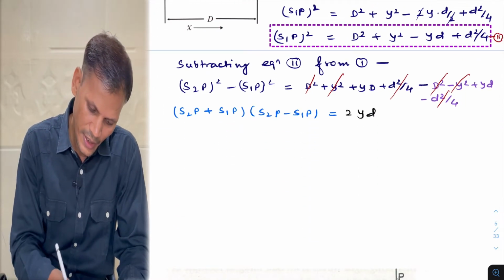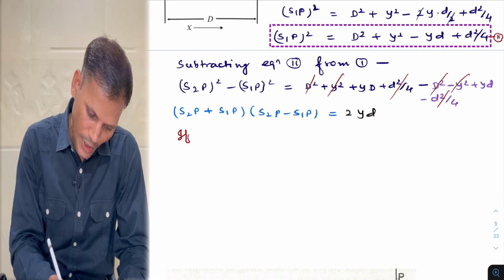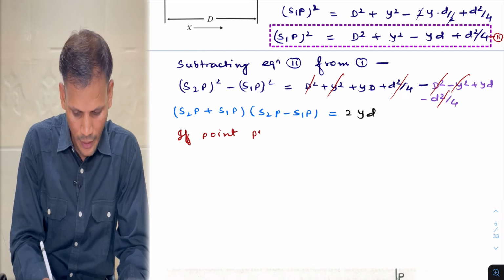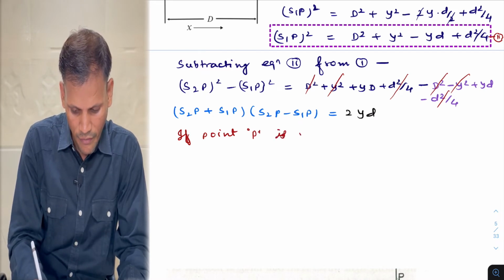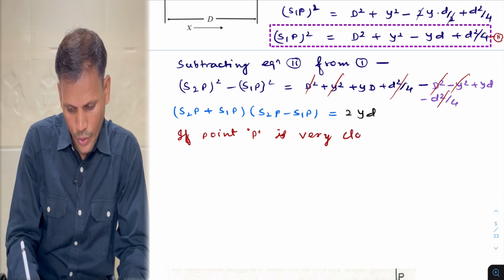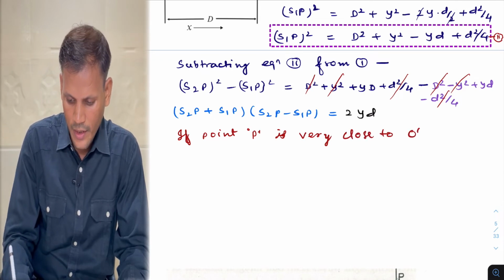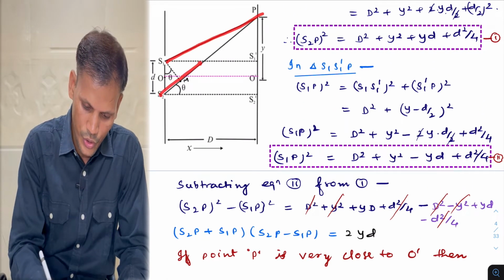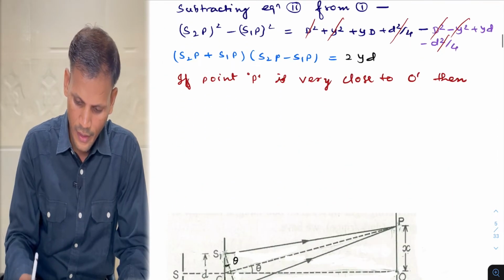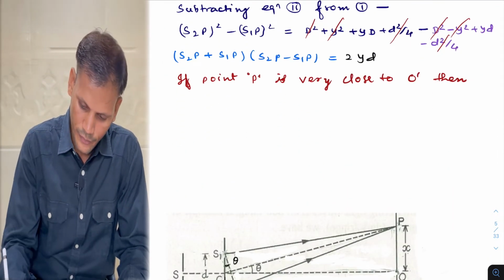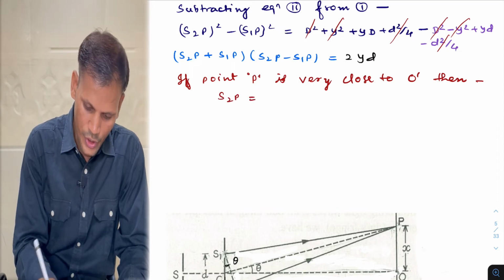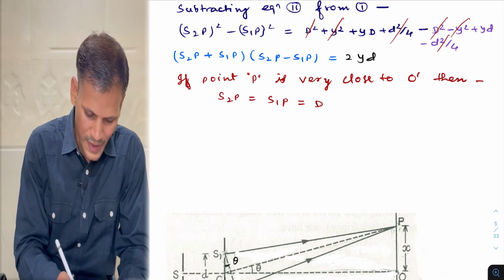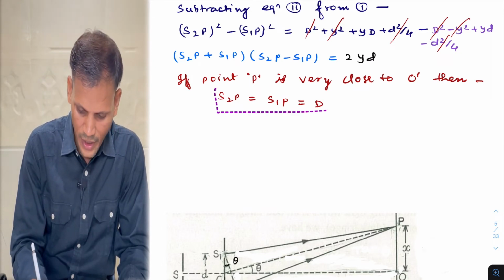So I will write: if point P is very close to O dash, then I can say S1P is equal to S2P is equal to capital D. Then S2P is equal to S1P is equal to capital D. This is the assumption, I can say, whatever we are taking.